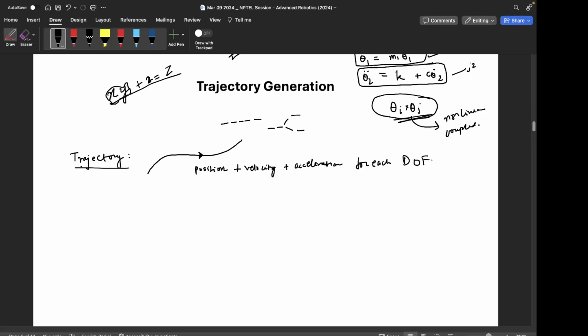So once I say that I have the trajectory, or I have planned the trajectory, what I am communicating precisely is that I have the position, I have the velocity, and I have the acceleration also, for that degree of freedom or for that joint. So I have that data, I have that planned. So trajectory basically encompasses all three pieces of information, right? So that's the first thing.